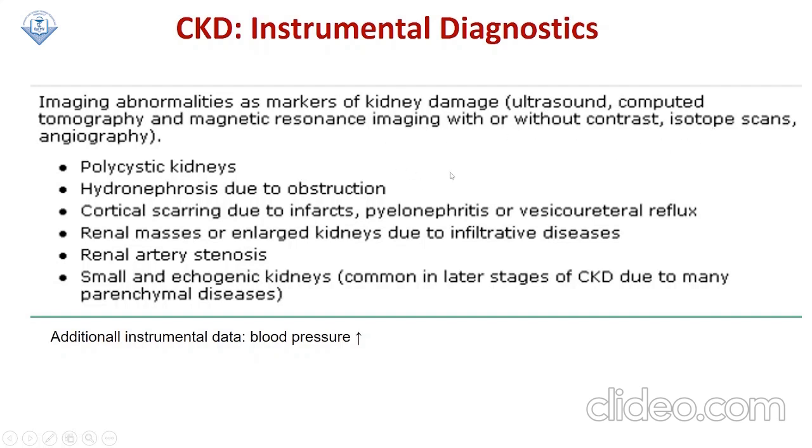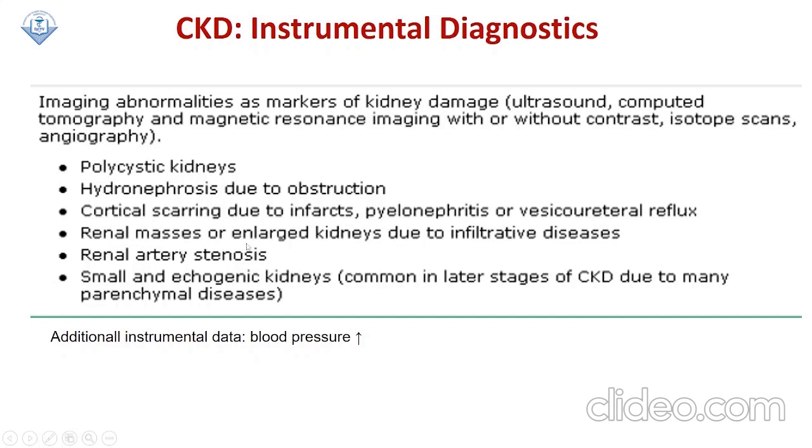angiography. These methods can help us to detect structural changes like polycystic kidney, hydronephrosis due to obstruction, cortical scarring due to kidney infarcts, due to long-term pyelonephritis, or vesicoureteral reflux, not reflex, but reflux, backflow of urine.